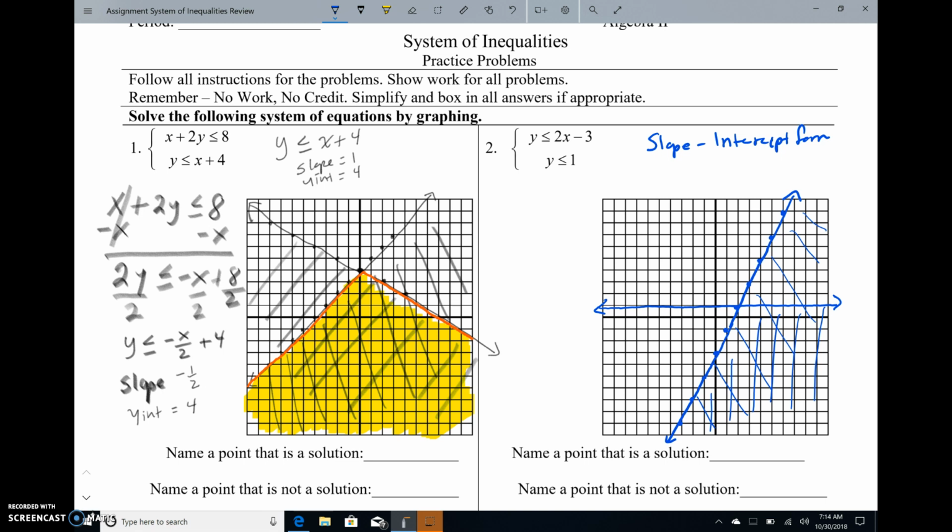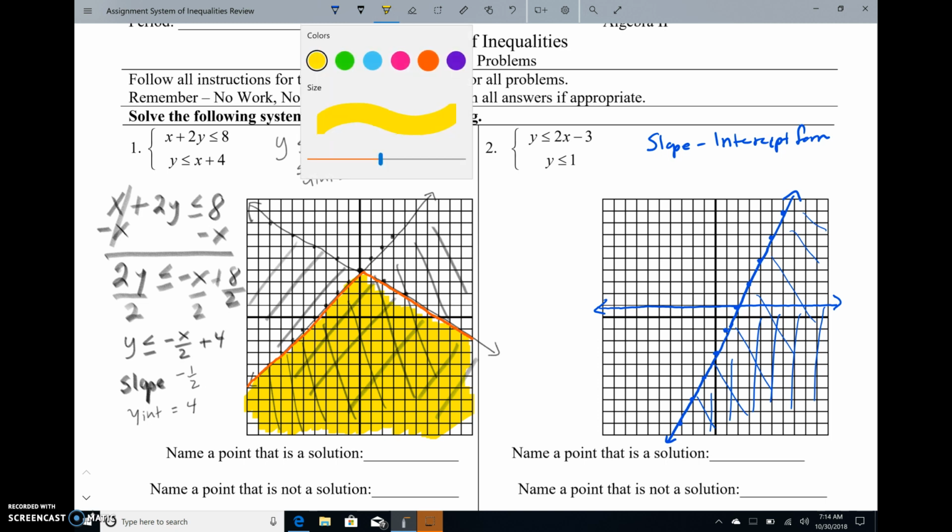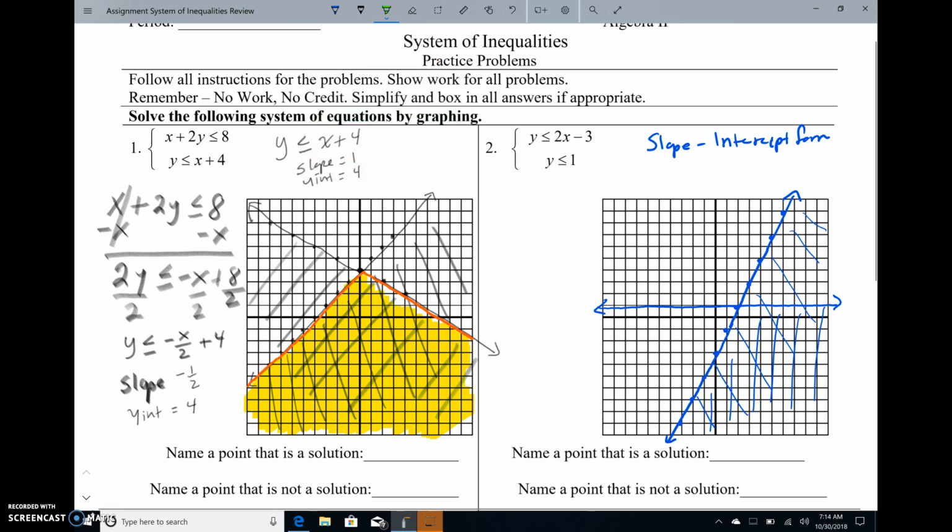So I'm going to indicate the area in which the solution exists. So the solution exists within this area.